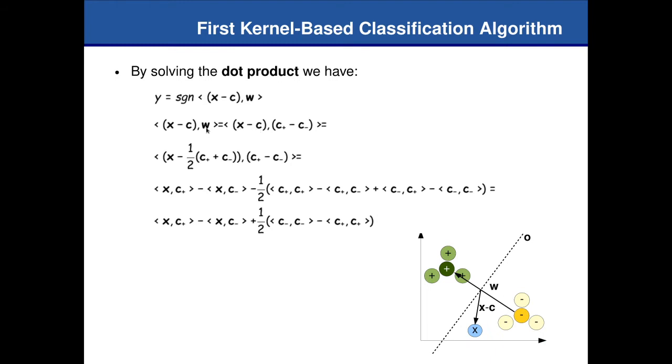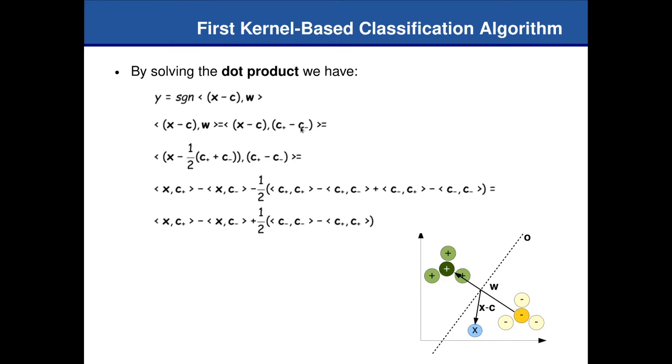And how can I compute w? w is this average position vector that leaves the 0, 0 and goes up to this central point for the positive class, minus the negative position vector that goes up to this position. So c plus minus c minus will provide w for me. So it's kind of easy to compute w.